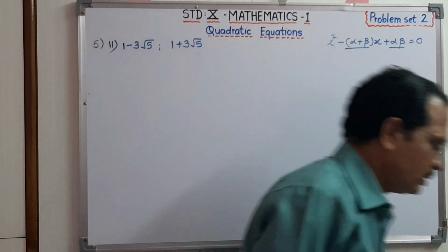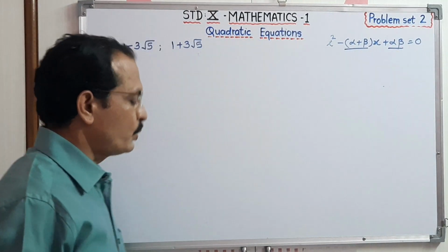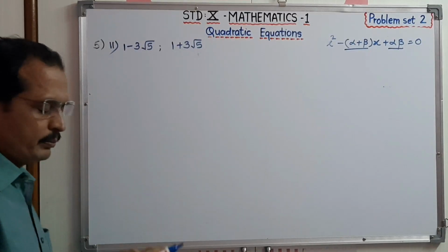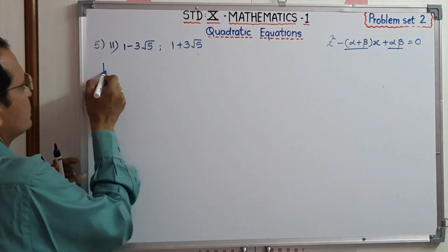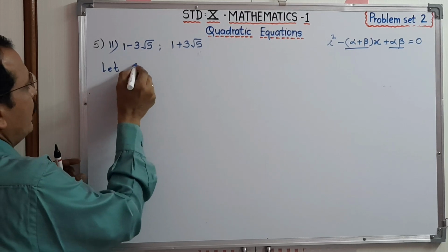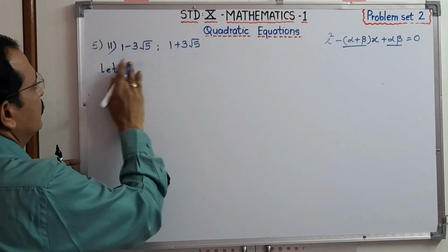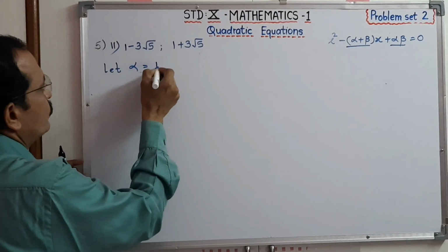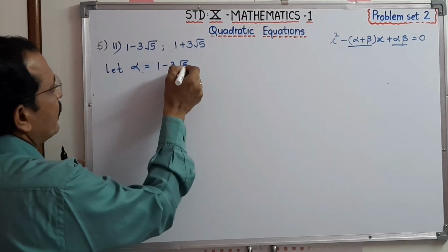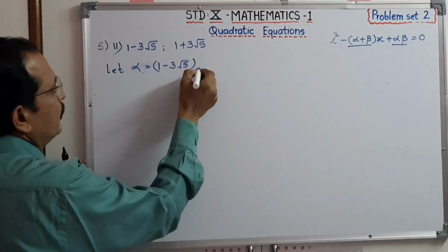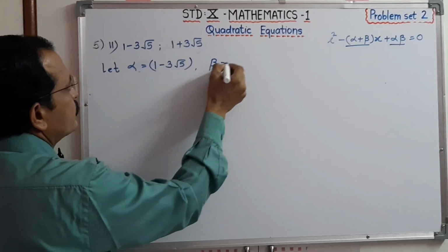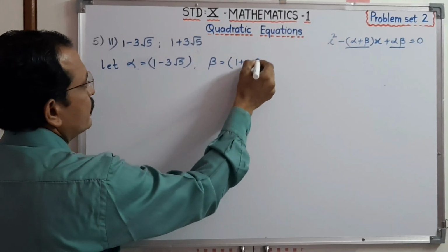Now these are the roots and we have to frame the equation. Same method, we have to assume let alpha is equal to 1 minus 3 root 5 and beta is equal to 1 plus 3 root 5.